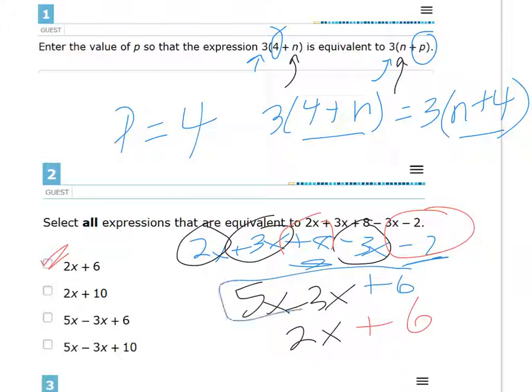So this 5x - 3x + 6 is also a true statement. But the last one, 5x - 3x + 10, would not be correct because 8 minus 2 is 6, not 10. So the first and the third are the correct solutions.